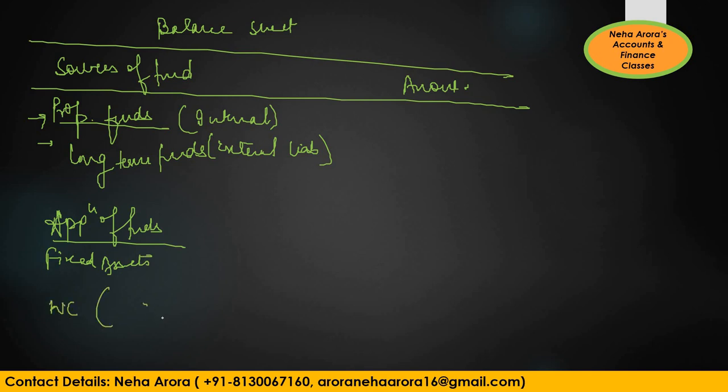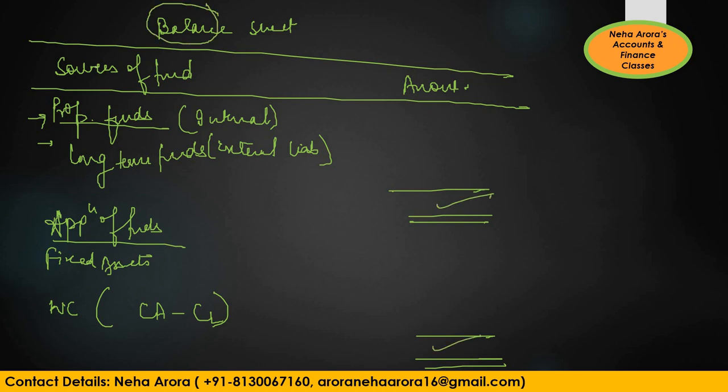Working capital is nothing but current assets minus current liabilities, right? This is known as the balance sheet. Since the name itself suggests balance sheet, it should always balance out. The total sources of funds should be equal to the total application of funds as per double entry bookkeeping, as per the dual aspect of accounts. And if it is not matching, definitely you have made an error, right?